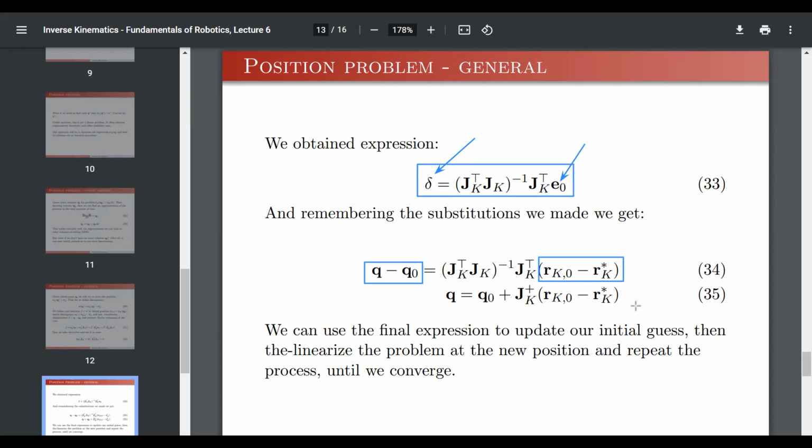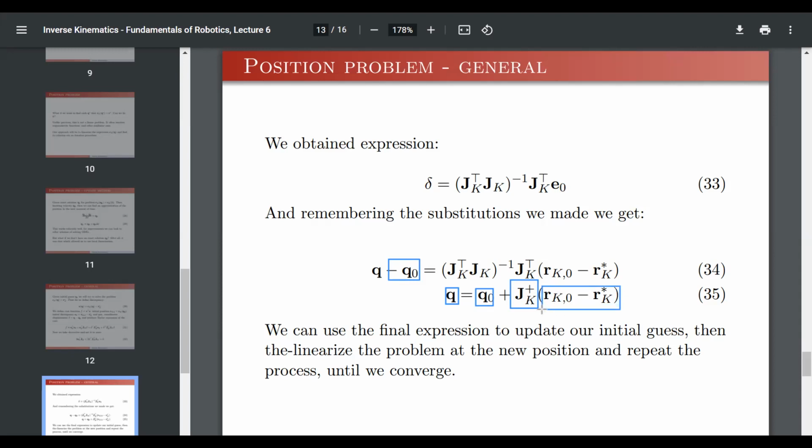Those were substitutions. So we put this to the right, and we get Q is equal to Q0 plus pseudo inverse of JK times the distance from the initial position of the point RK, the point K, minus desired position of the point K.